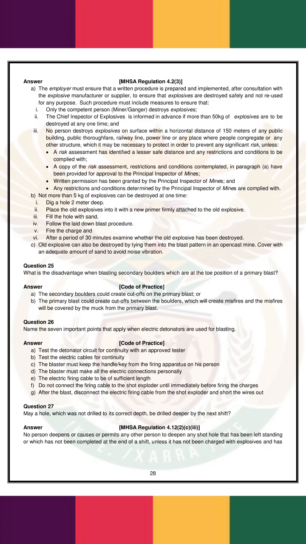D. The blaster must make all the electric connections personally. E. The electric firing cable to be of sufficient length. F. Do not connect the firing cable to the shot exploder until immediately before firing the charges. G. After the blast, disconnect the electric firing cable from the shot exploder and short the wires out.